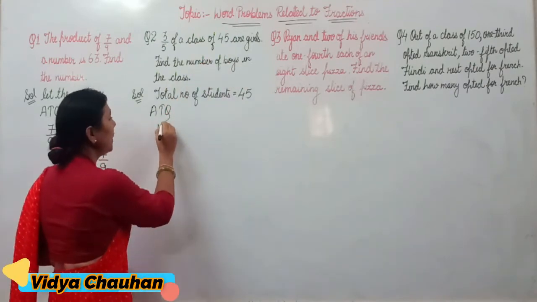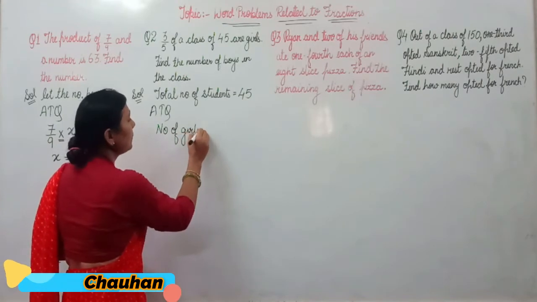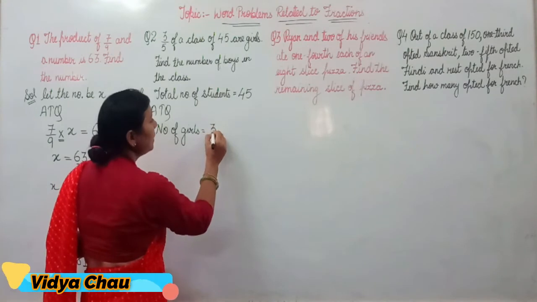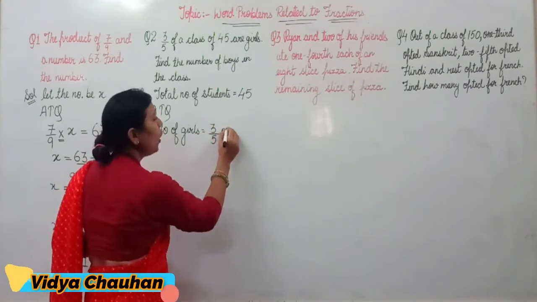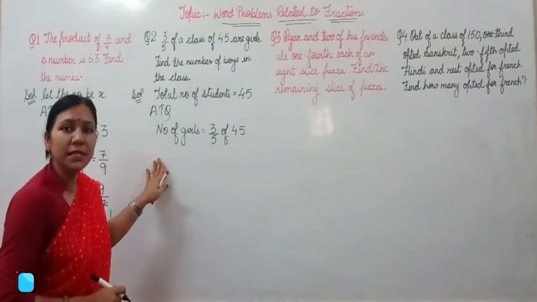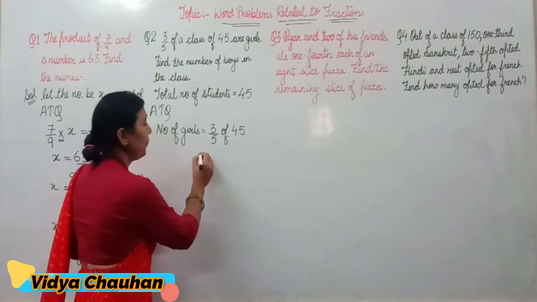It means we can find the number of girls by converting this first statement into its equation format, that is 3 upon 5 of the total strength, which is 45. The number of girls is 3 upon 5 of 45.